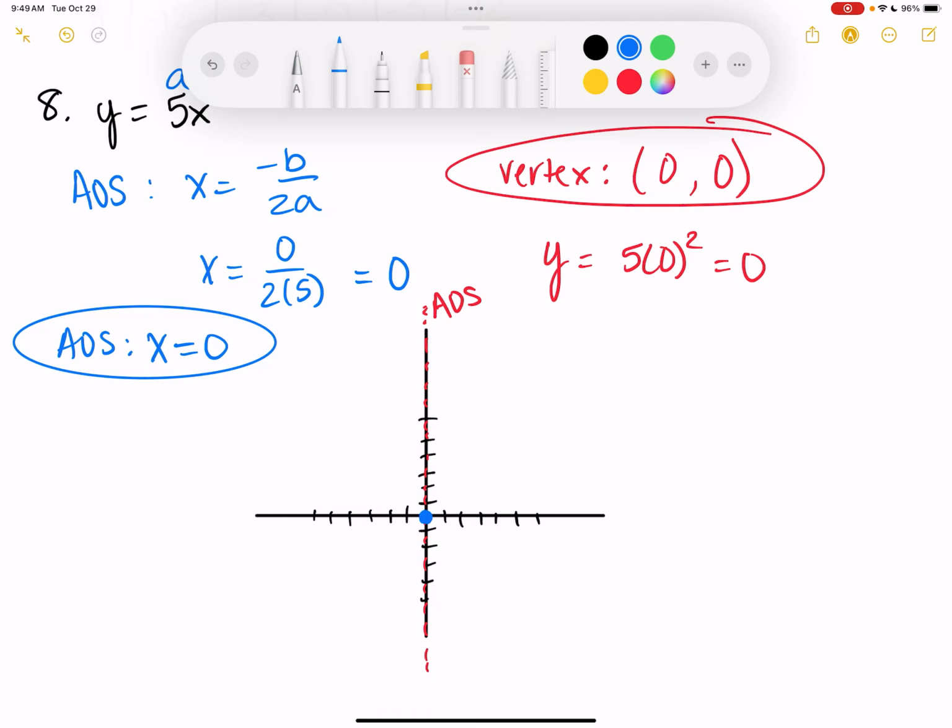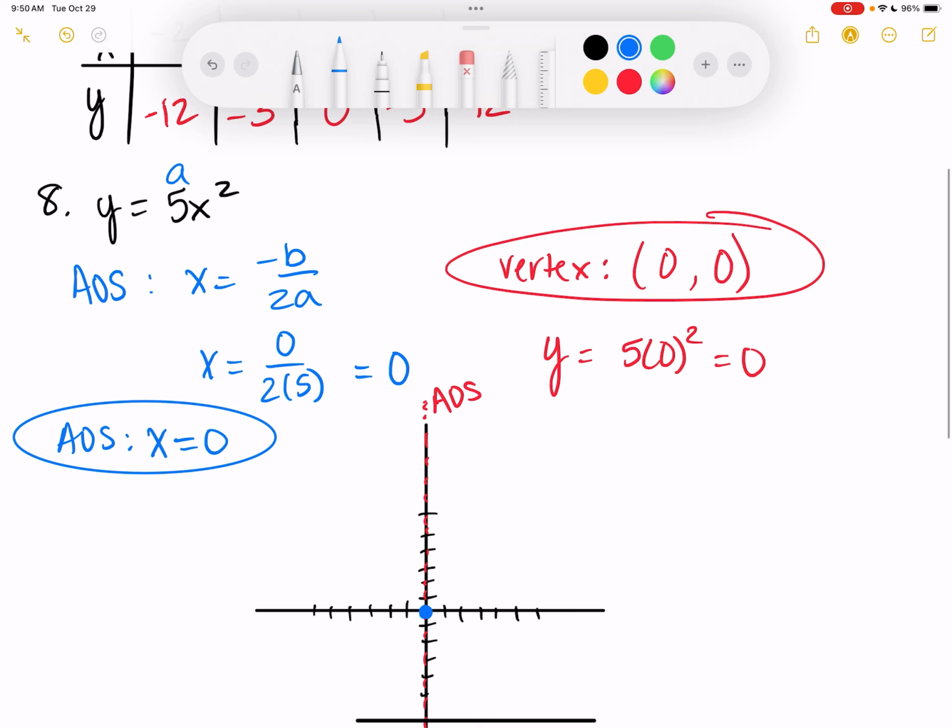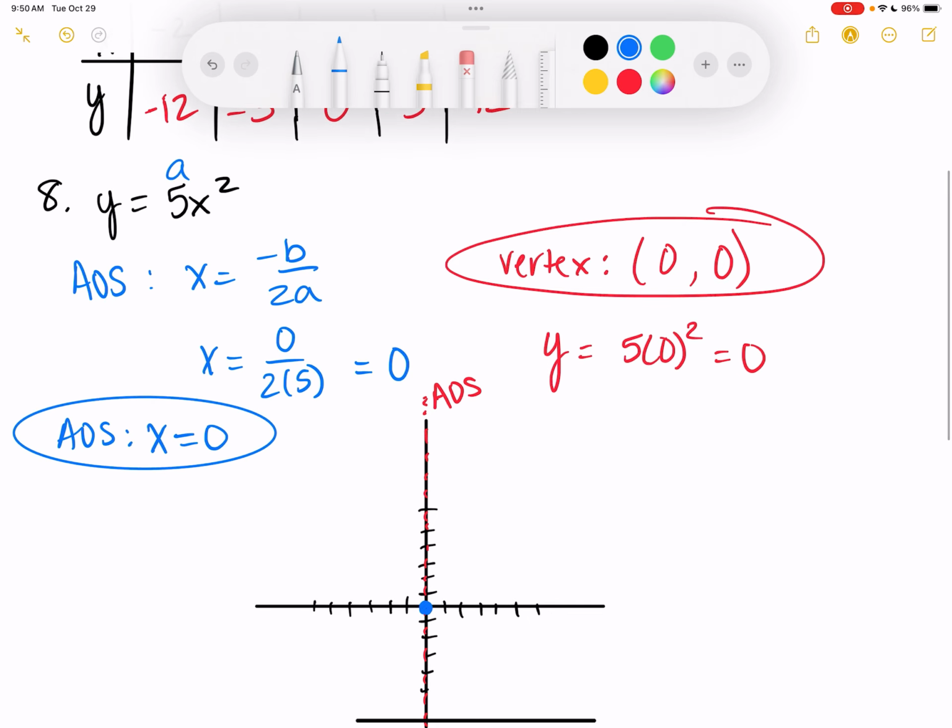So I always pick an easy number like 1. I wouldn't recommend that you pick 5, because if you plug in 5 up here, you're going to end up with a lovely 125, and I don't think you want to graph 125. So I usually stick to 1 or 0 if that's an option, and sometimes that still can give you an exorbitant number, so it's just the reality. But I'm going to stick with 1.